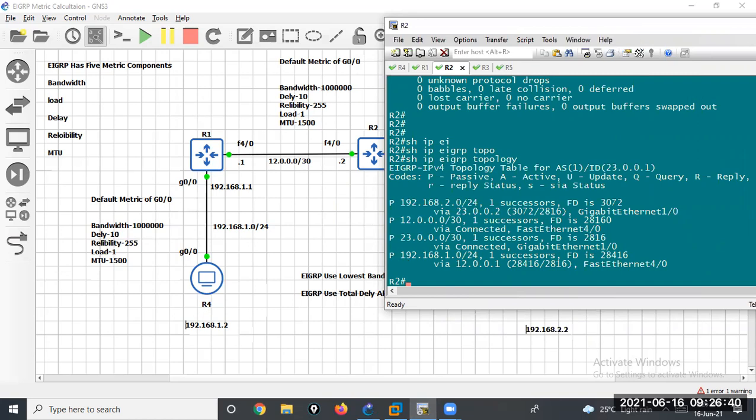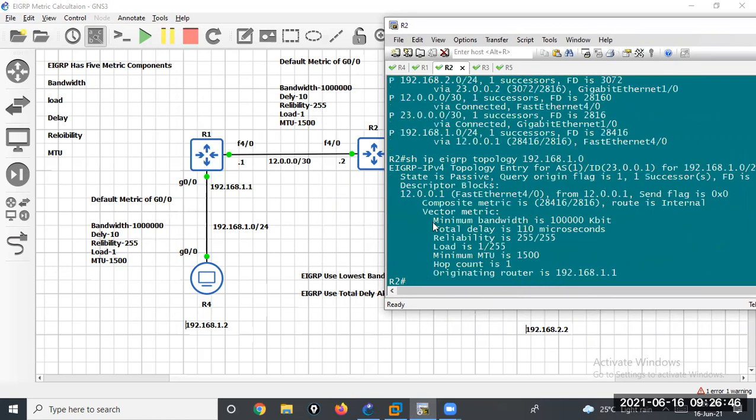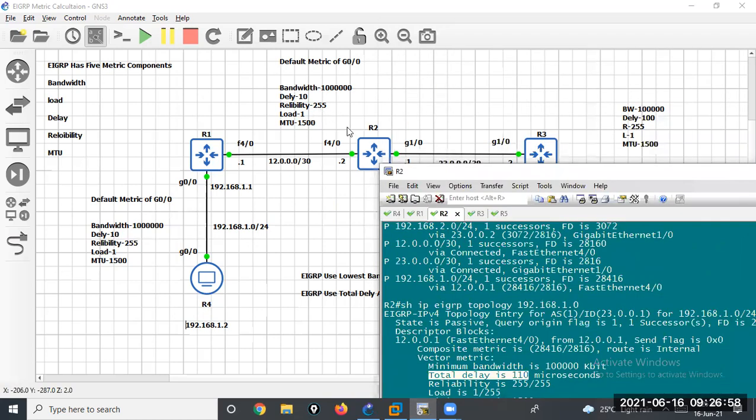Enter the command show IP EIGRP topology 192.168.1.0. What is the minimum bandwidth here? Minimum bandwidth is 100 Mbps only, not 1000 Mbps, because this is the lowest one. What is the total delay? 1110. It means it is receiving the network with 10 microseconds and the receiving interface delay is 100. 100 plus 10, 110.